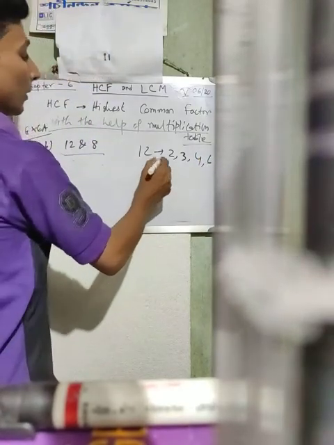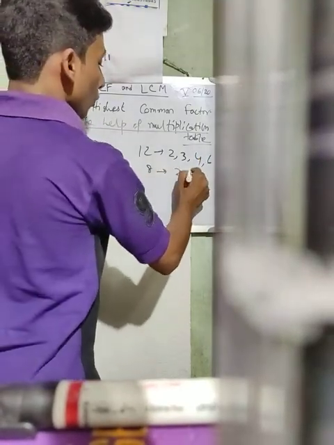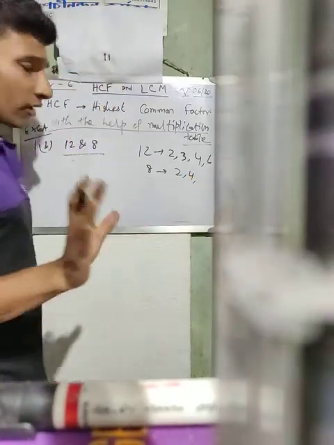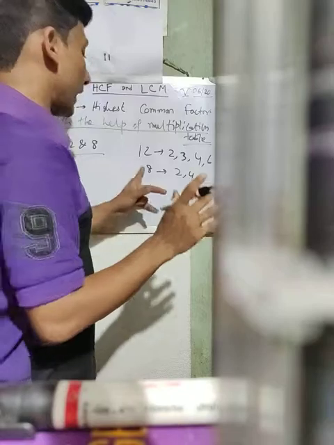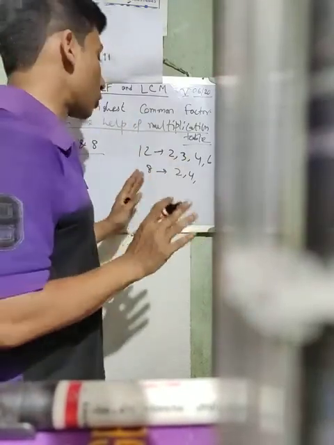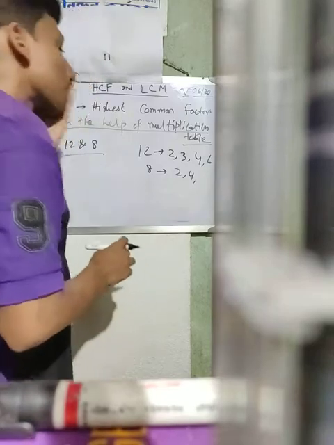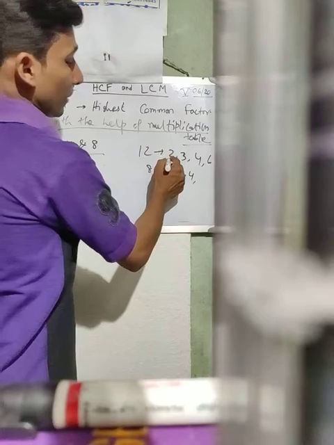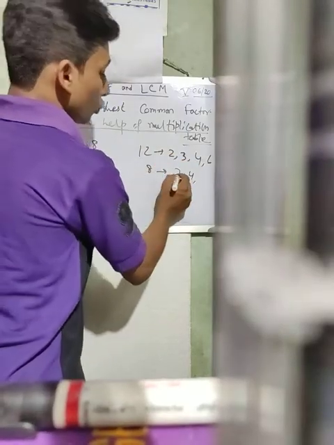Similarly, 8 belongs to the multiplication table of 2, 4. Also 8, but we will not write. At first we said that the number and 1 are the factors of that number, but we will not consider that here. So 12 belongs to the multiplication table of 2, 3, 4, 6. 8 belongs to 2, 4.